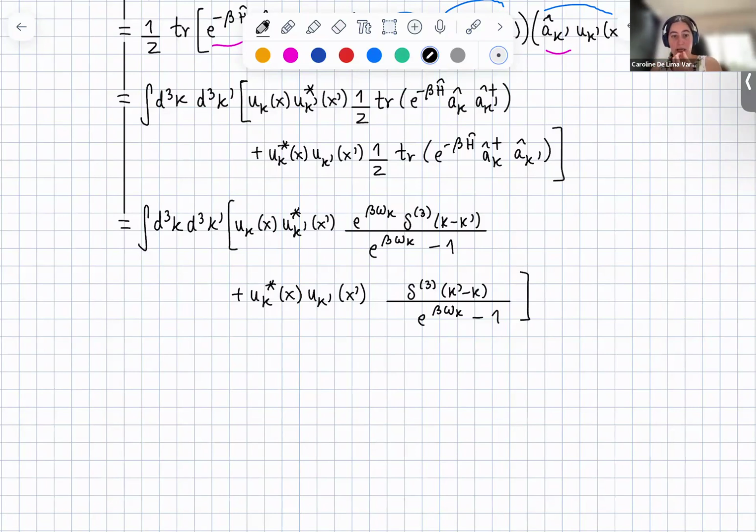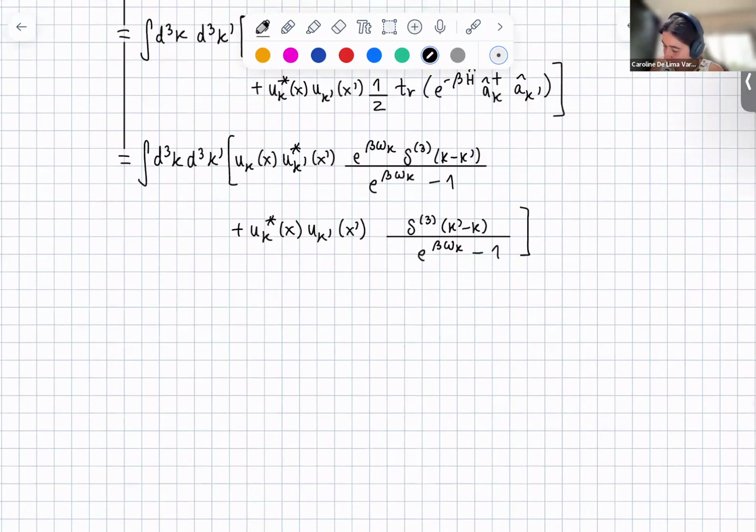Okay. So now let's integrate over the k prime. What we get is going to be the integral over k. Integrating over k prime, because of the deltas, the k prime is going to turn into k.